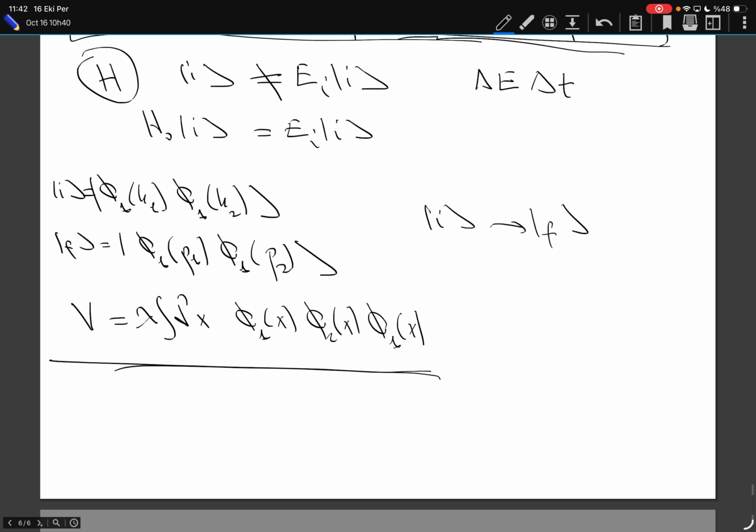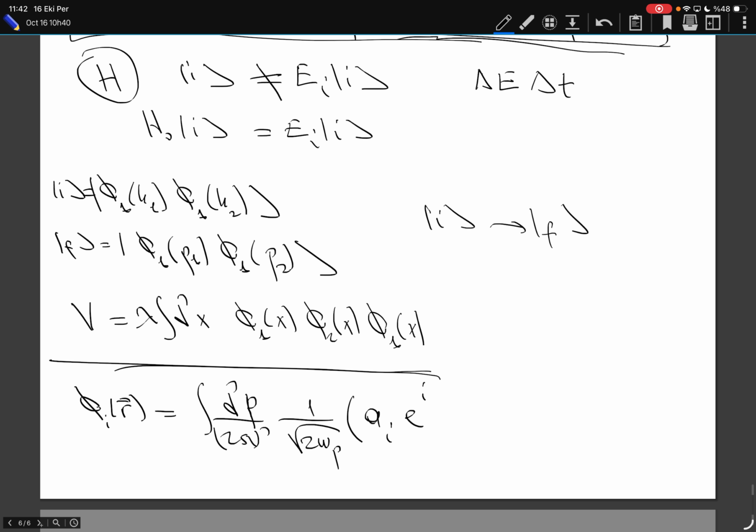And just also let's remember what these fields are. They are d cubed p divided by 2 pi cubed, 1 over square root of 2 omega p, a_i e to the power i p dot r plus a_i dagger p e to the power minus i p dot r.